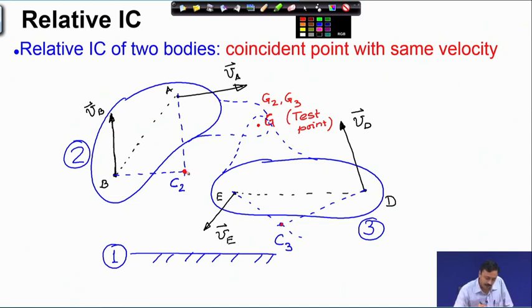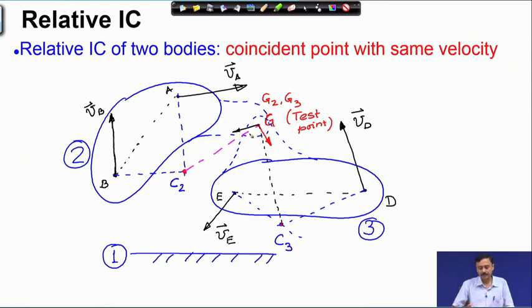Now, body 2 has instantaneous center of rotation C2. So, therefore, point G2 must have a velocity perpendicular to this direction C2G2. So, the velocity of point G2 must be perpendicular to this direction. Similarly, the velocity of point G3 which belongs to the body 3 must be perpendicular to C3G3. So, it must be this.